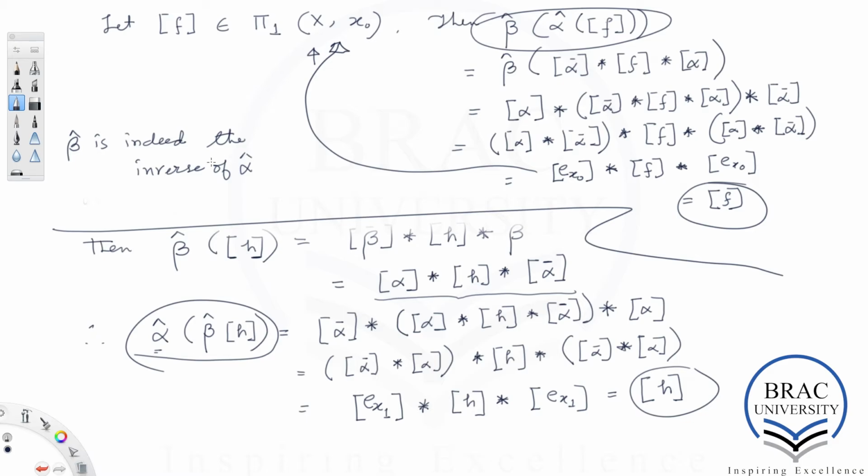In particular, this identity means that alpha hat composed with beta hat, the composition of these two maps, is the following.